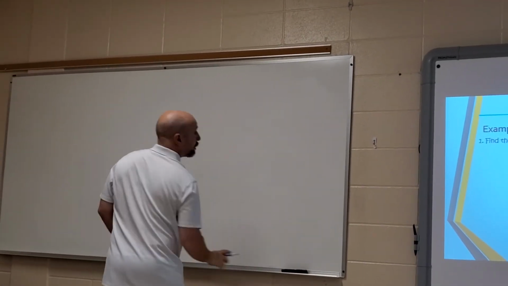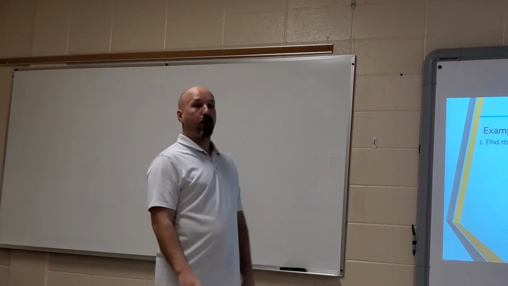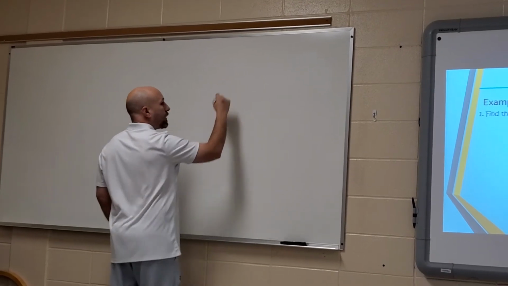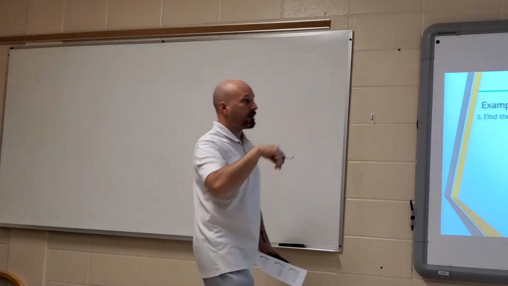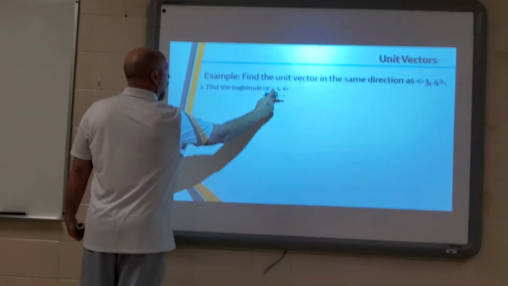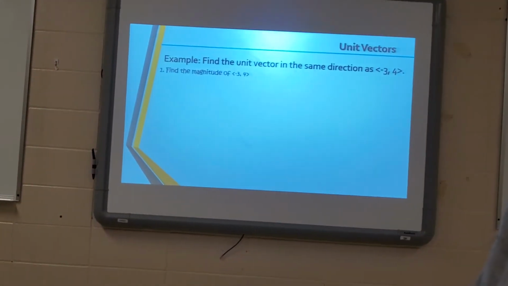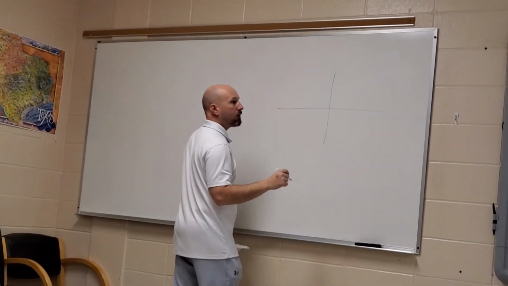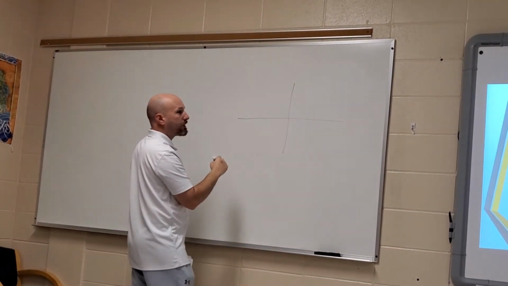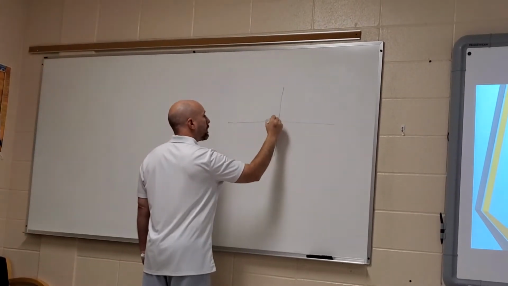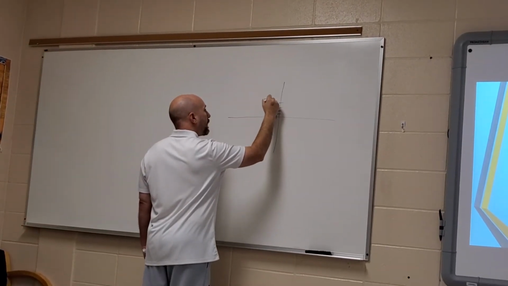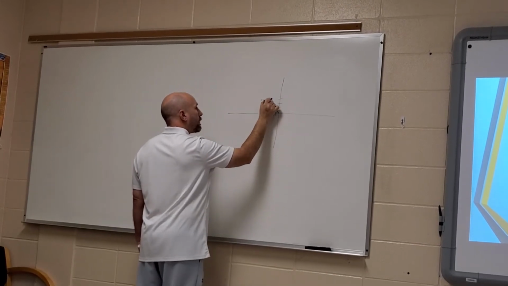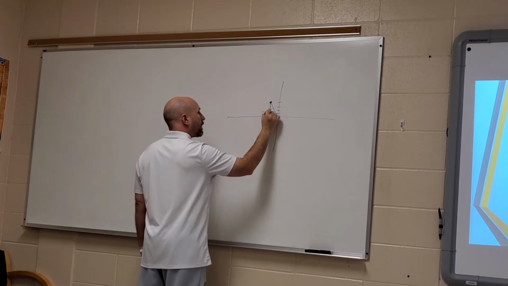We find the magnitude of negative 3, 4 first. In order to find the magnitude, I'm going to show you all a shortcut. This is the i and this is the j. If you look at this on the coordinate system, it's up here, and you get a right triangle.